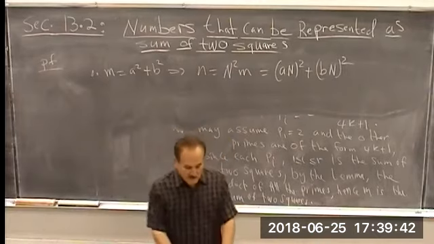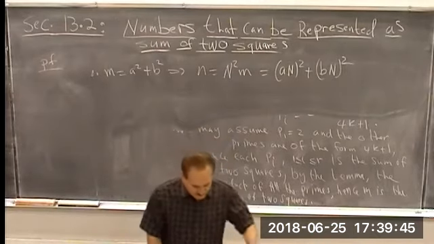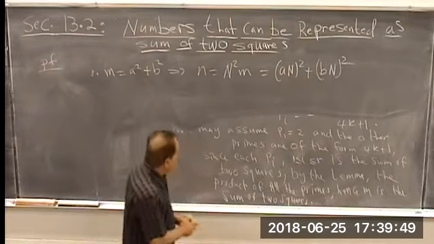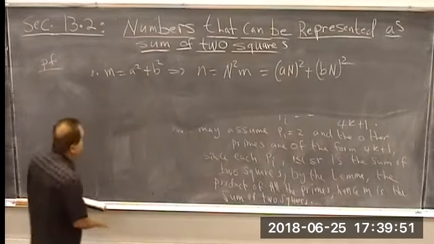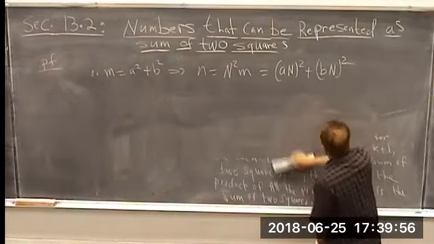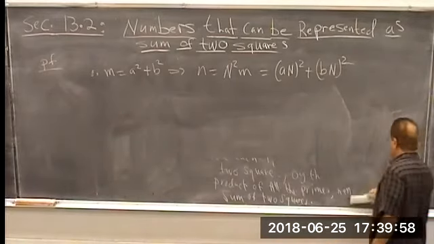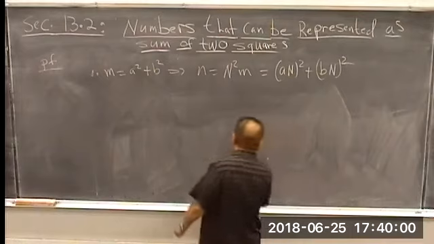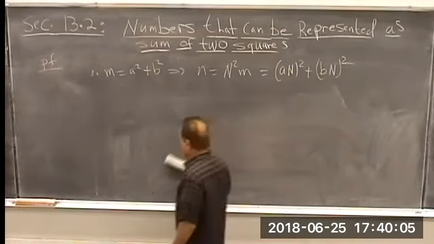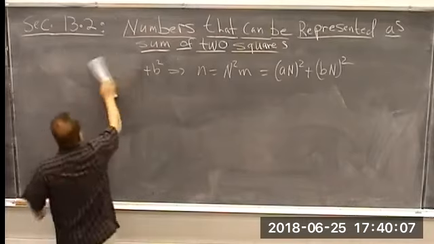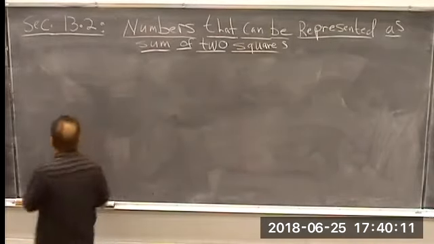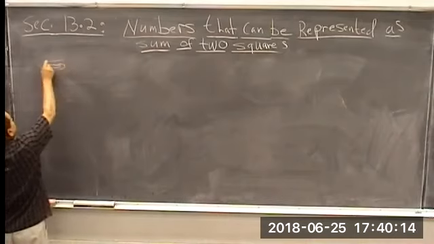All right, now we're going to go the other way around and assume that we have n squared m is a sum of 2 squares. And we're going to show that all the prime factors of m are not of the form 4k plus 3. So we're going to go conversely.